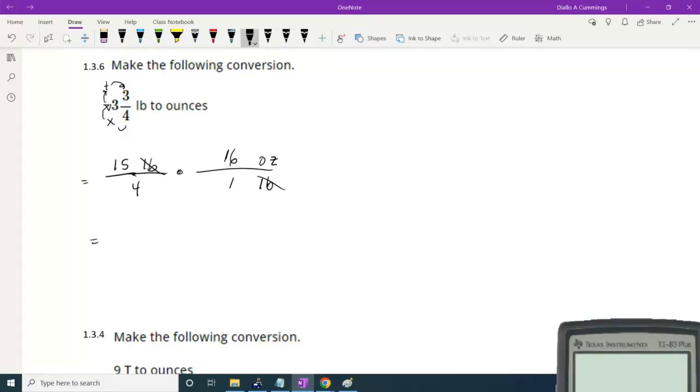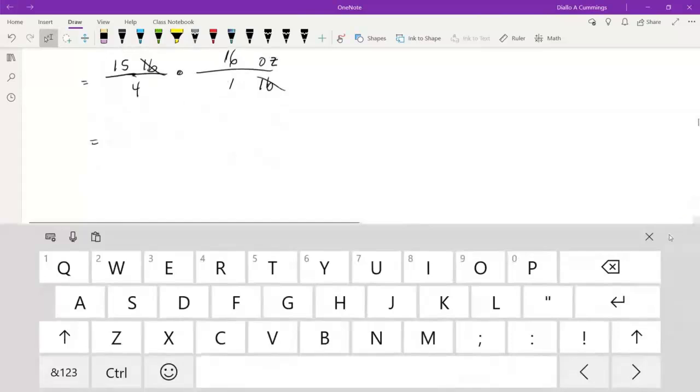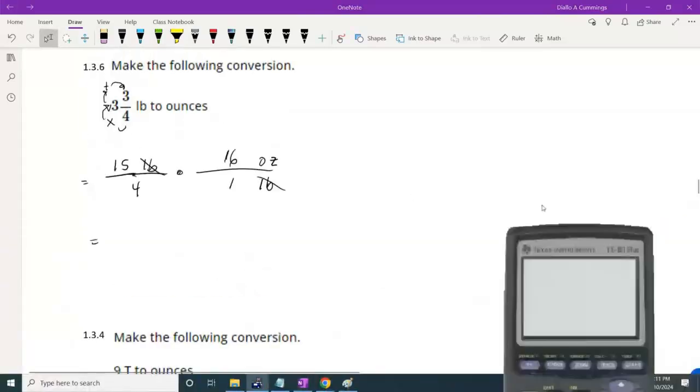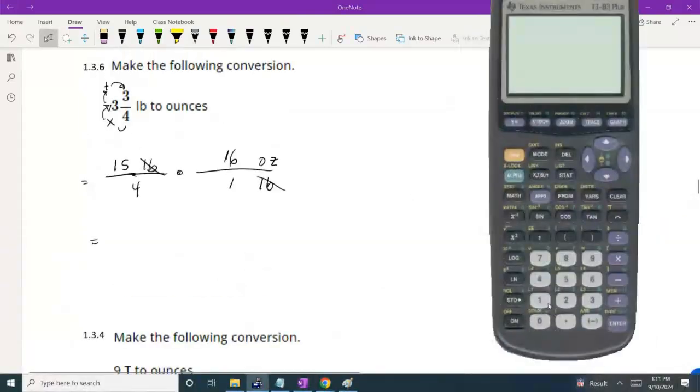So I'm going to multiply my numerators. I have 16 times 15. If I just pull up my calculator, 15 times 16 is 240. For my denominator, 4 times 1 is 4. My unit is ounces because we cross canceled pounds.